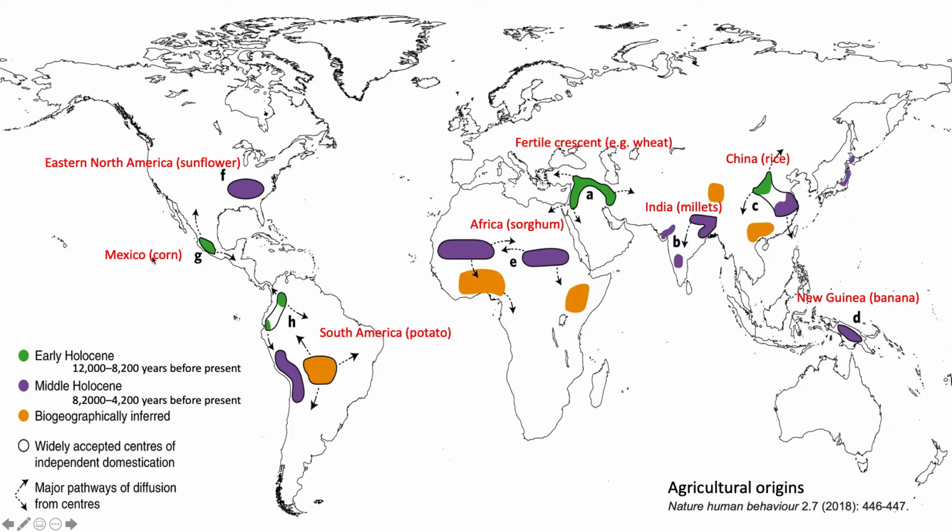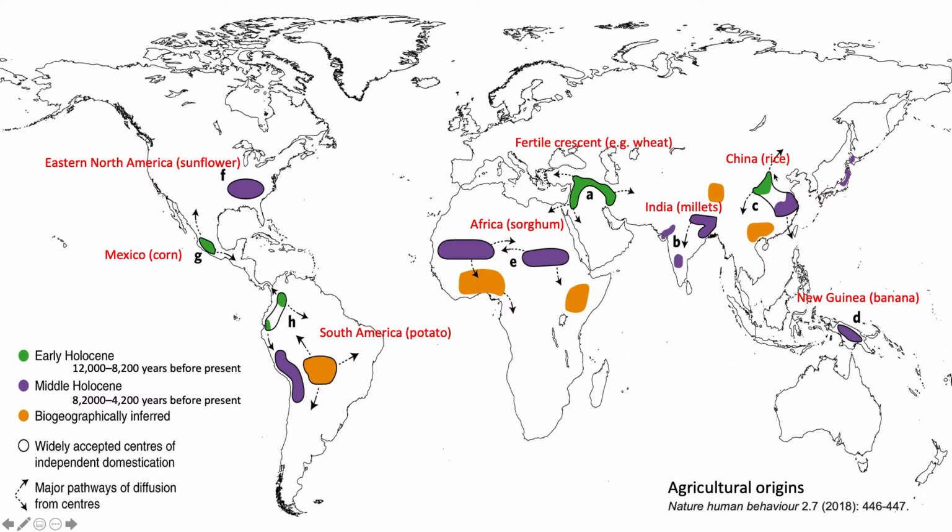And these are in Mexico, the green one, and the Fertile Crescent, which is the Middle East, spanning modern day Iraq, Syria, Lebanon, Israel, Palestine, Jordan, Egypt, and regions of Turkey, and some parts of Iran.